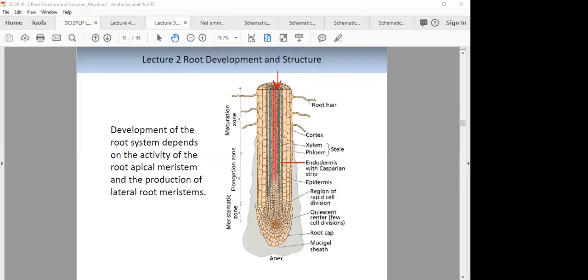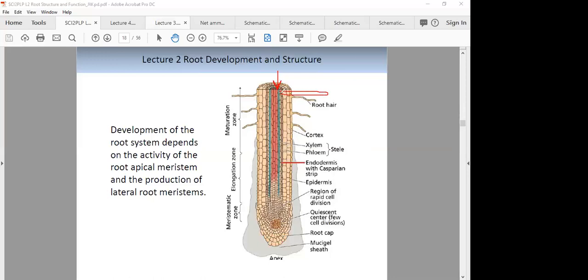Branch roots, yes. What should we refer to branch roots as? I know that's been mentioned somewhere in the lecture. Does anyone know the correct name for branch roots? Lateral roots, good. Lateral roots arise from these pericycle cells.